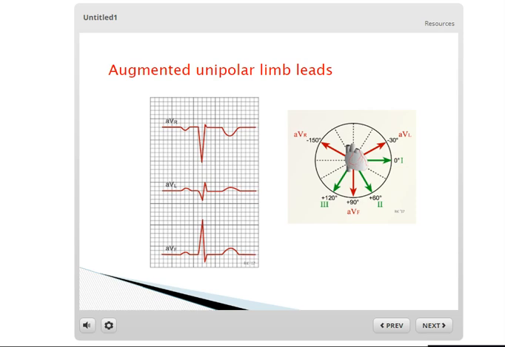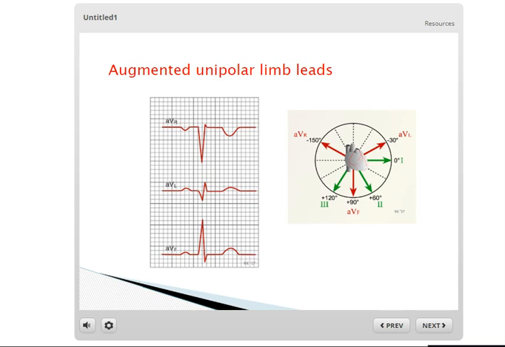And AVF, augmented vector foot, placed on the left leg, views the heart from the foot, directed toward the inferior part of the heart. The three augmented unipolar leads coupled with the three standard bipolar limb leads comprise the six limb leads of the ECG.